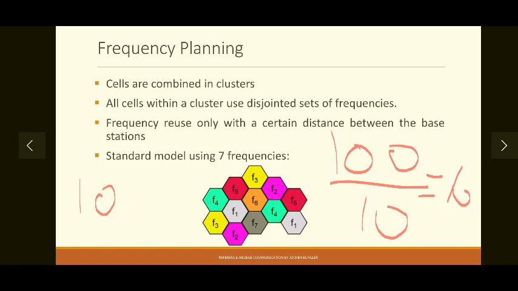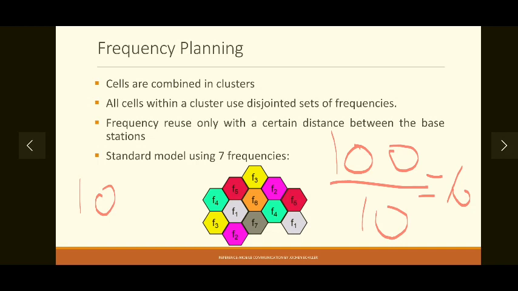Now as I said, the entire region was divided into 10 smaller regions. Those regions which are using a unique group of frequencies will form a cluster. So a cluster is nothing but a group of cells having disjoint sets of frequencies.